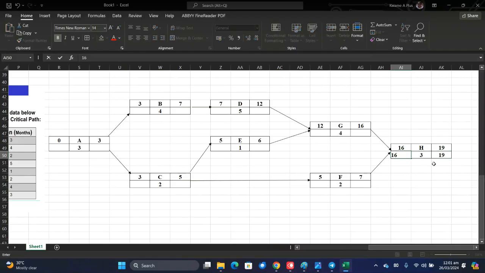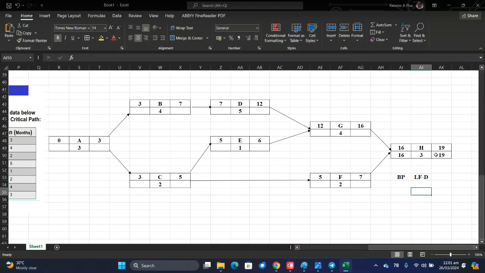So just know that in the backward pass, looking for the latest start, the latest start is the latest finish minus the duration. Okay, latest finish minus the duration.